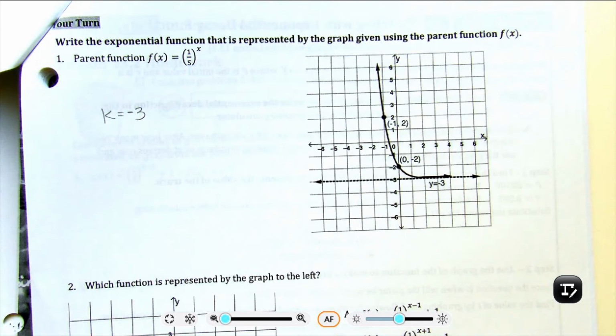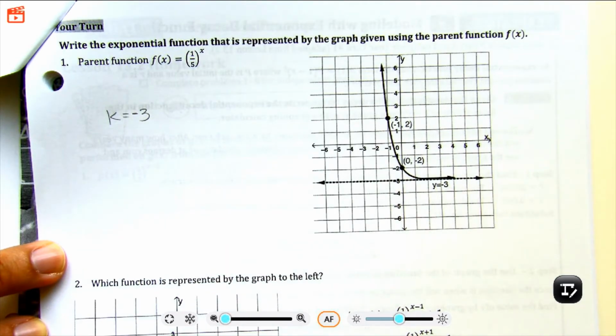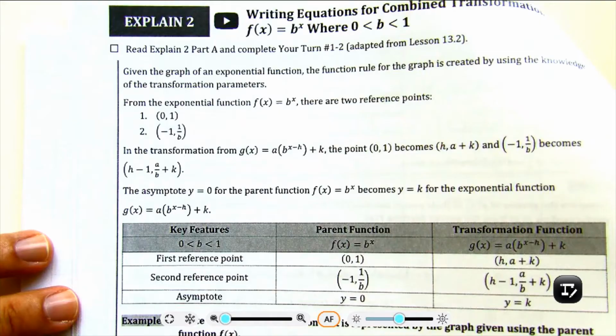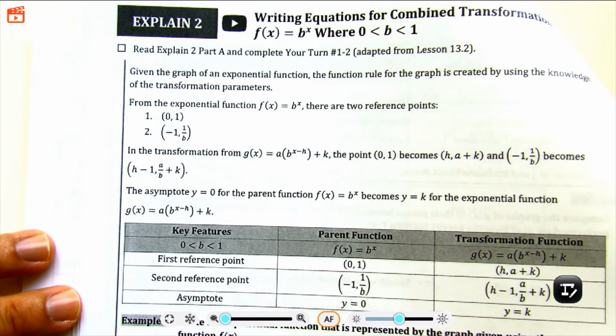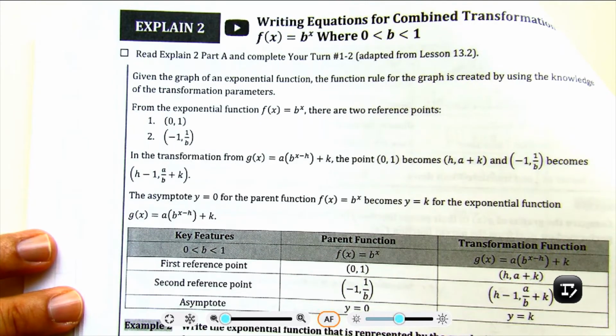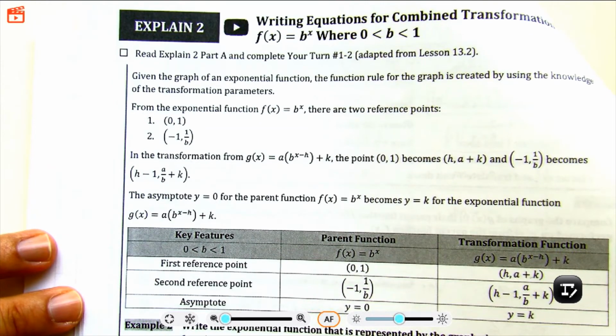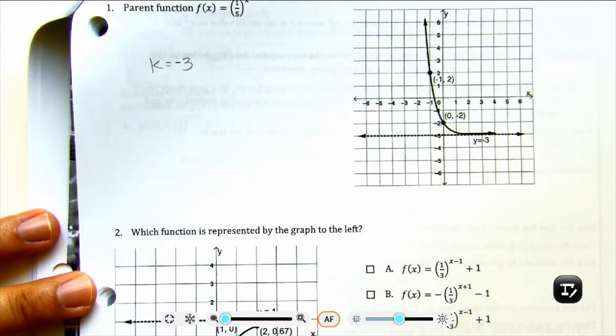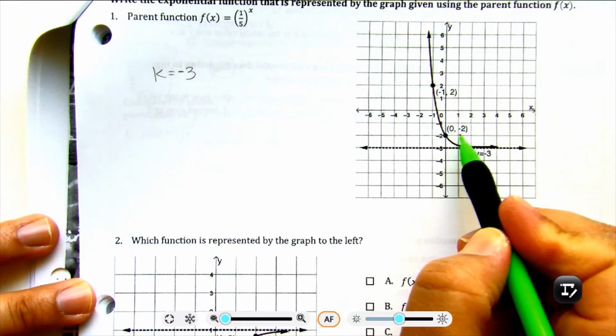Next, my first reference point. Actually, let's look at the first reference point on the previous problem. Okay, so my first reference point is 0, negative 2. Let me write that point, 0, comma, negative 2.